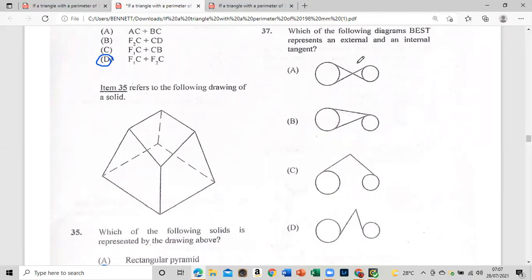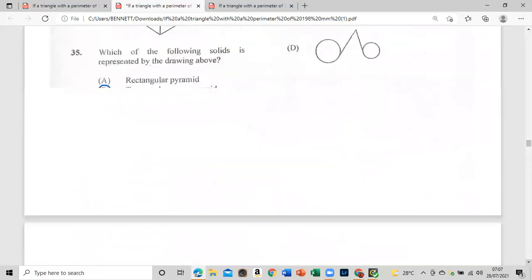But this would have been two tangents, so one. So two. Oh, one must be internal and one must be external. So it's B. Let's move on.